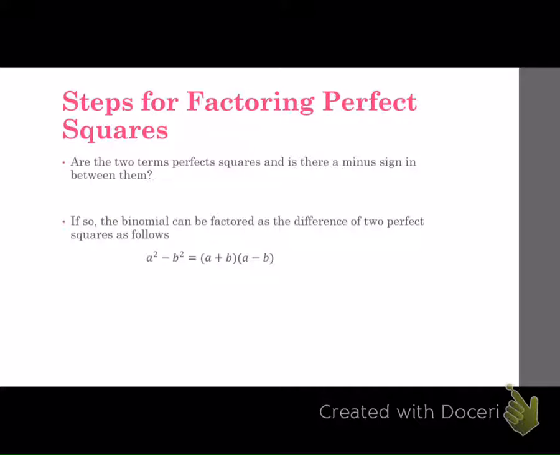A squared minus b squared: you take the first and the last term, a times a, and b times b, and then the signs are different signs. That is the steps for difference of squares. It's pretty straightforward and easy once you pick up on it. Basically, what you're trying to do is get a 0 in the middle term, the bx term.